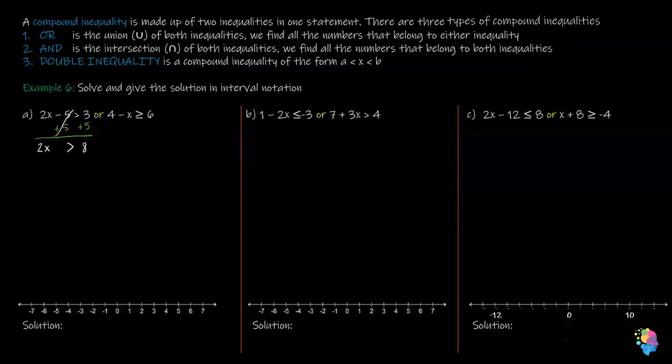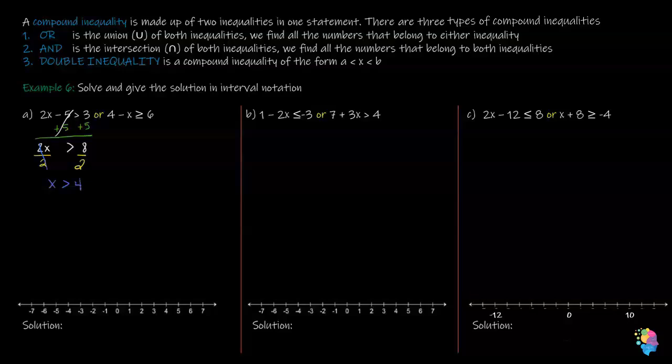We are not done. We still need to move that 2 that is attached to x. Since it's multiplying, we're going to divide both sides of the inequality by 2. And on the left side, 2 divided by 2 will be 1, or 1x, or just x, is greater than, on the right side, 8 divided by 2 will be 4.